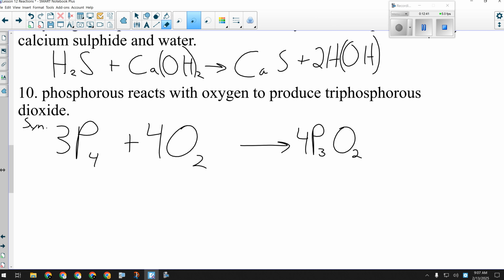Okay, now, if you forgot that phosphorus was special, or oxygen was special, would you get that reaction right? No. Okay, here's what I would say this would be worth. I would give you 1 mark for your reactants. I'd give you 1 mark for your products. Okay? I would give you 1 mark for the reaction type, and I would give you 1 mark for the balancing.